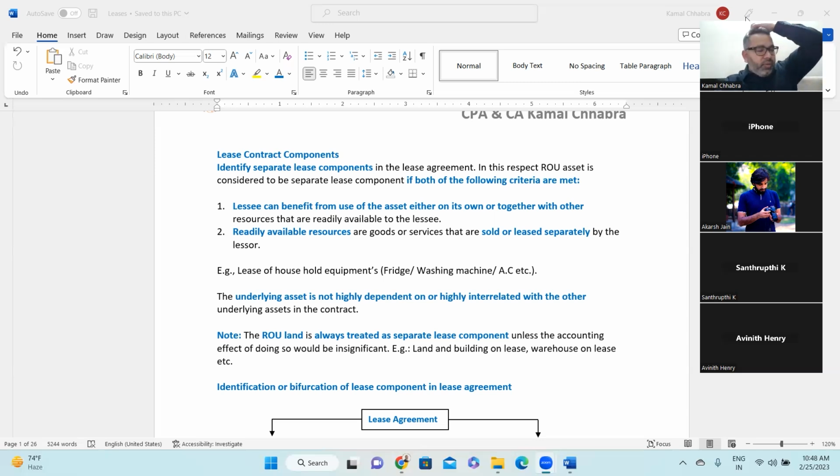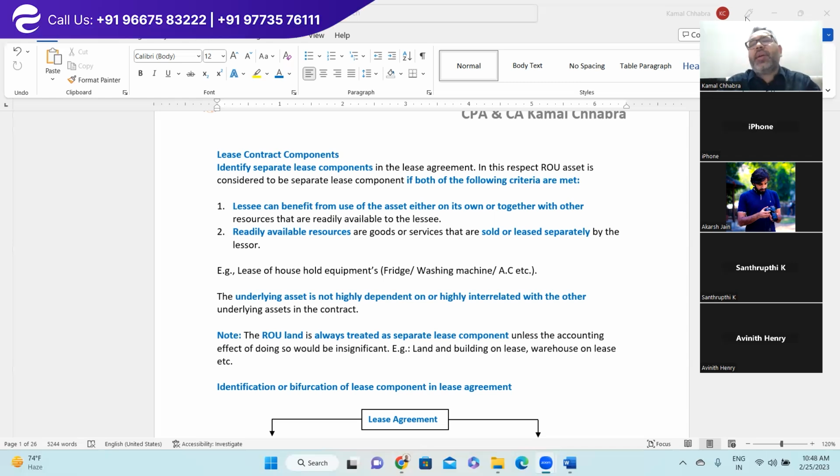So how do you identify the different components which come under the lease? What comes under the ASC 842 criteria? Only the property, plant, and equipment. So if they are providing any AMC, plumbing, firefighting, or office maintenance service, that does not come under 842. Are you with me?